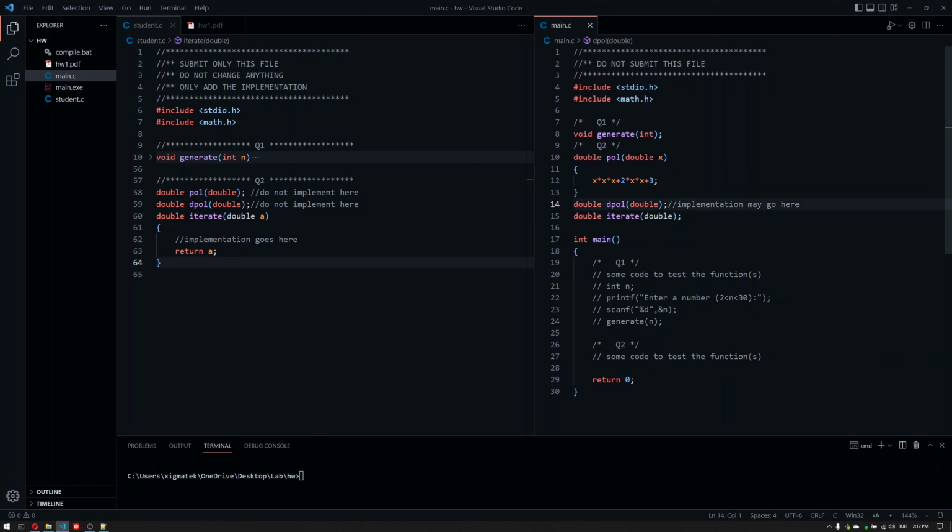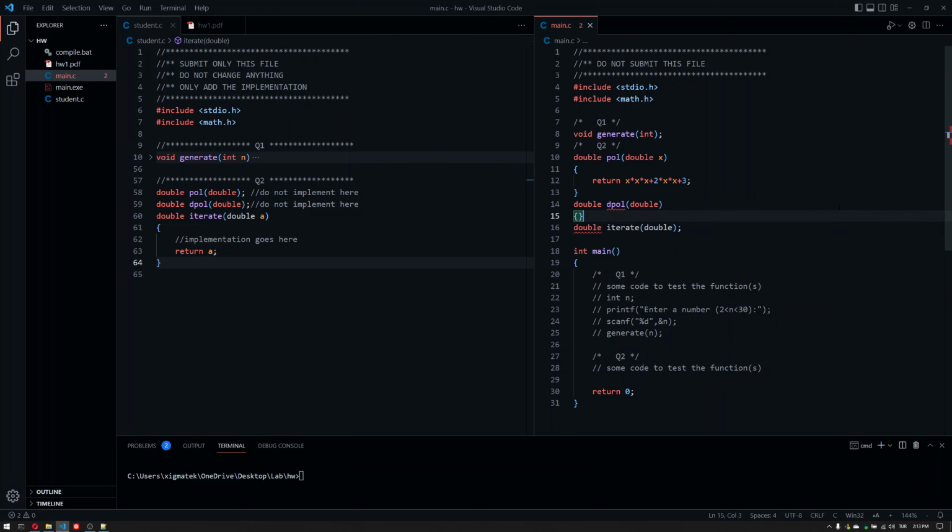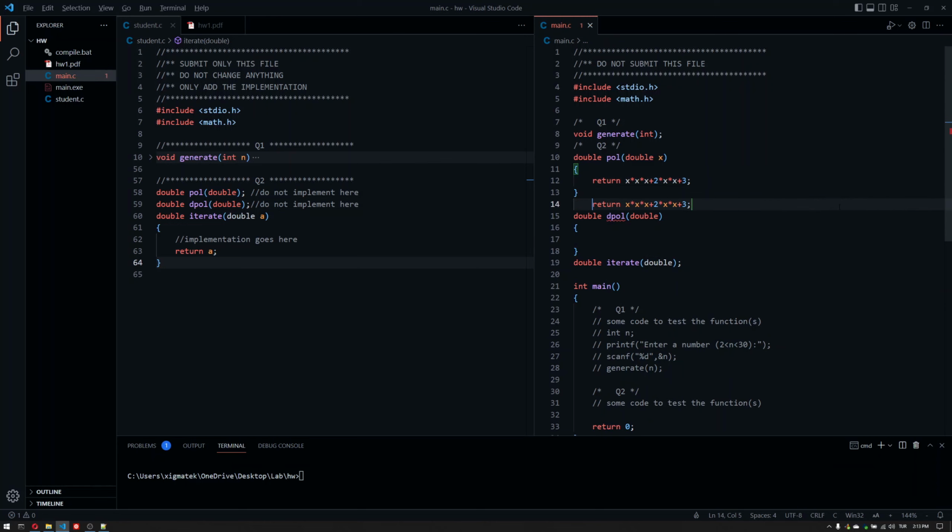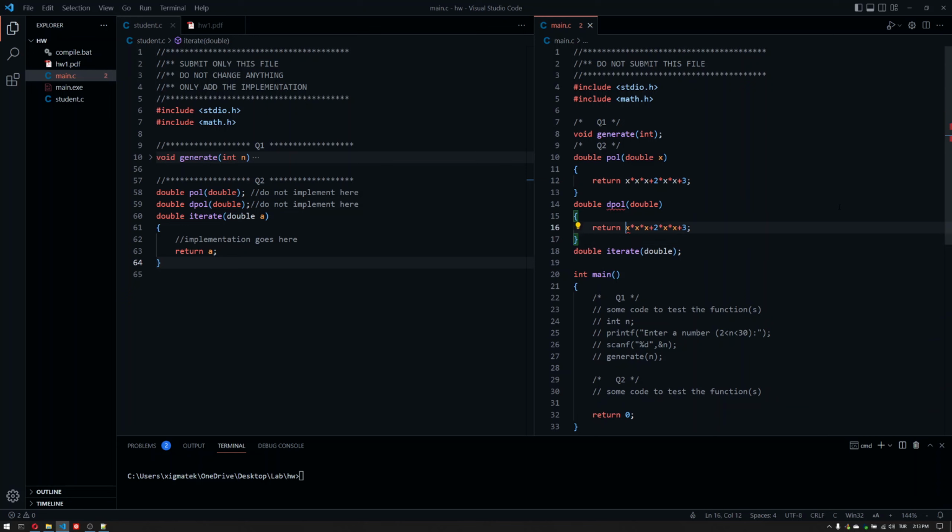So this is going to be our polynomial, and we're going to return that. Let's also implement the derivative. x cubed should be 3 times x squared, and this part should be 2 times x, so 4x. There's not going to be anything else. So we're going to return that, and we take in double x like this.